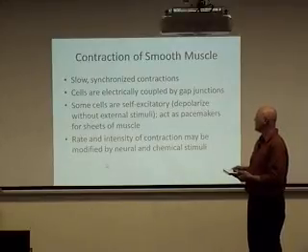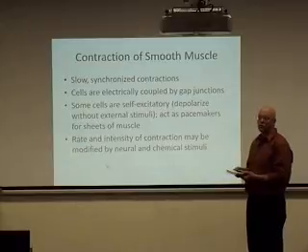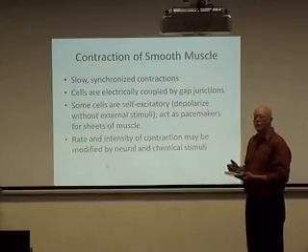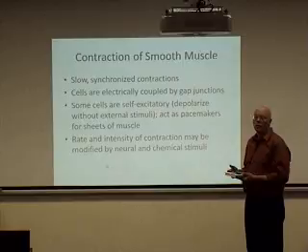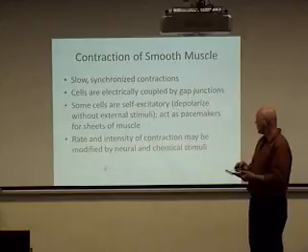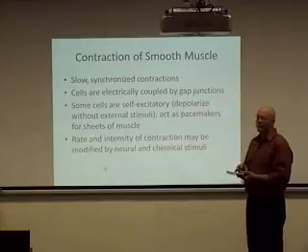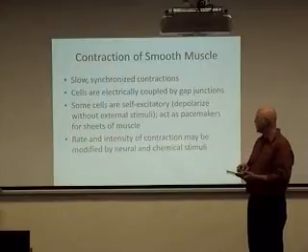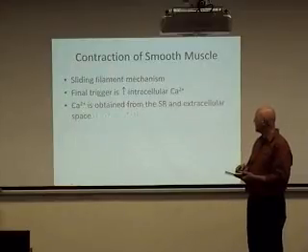Oftentimes, these smooth muscle cells are self-excitatory, and again, smooth muscle is not under conscious control. It's an involuntary action, and so some of the smooth muscle cells will be self-excitatory to create contraction, and then often the rate and intensity of the contraction is modified by the autonomic nervous system or other chemical stimuli.